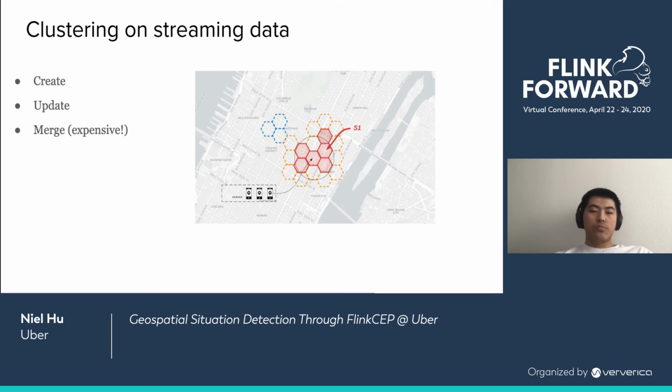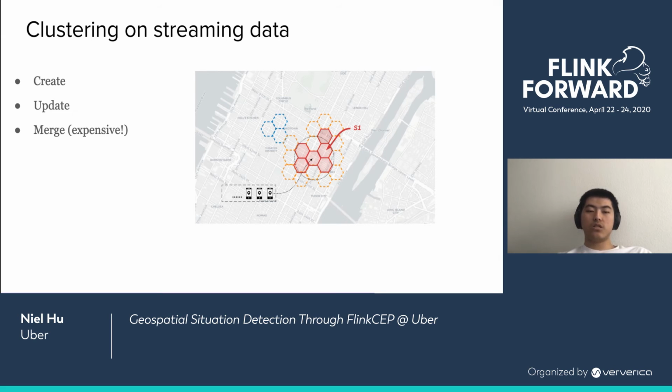Clustering on streaming data. For changelogs, there are really two categories of changelogs. The first one is addition, the second is subtraction. For the addition changelog, we have three subtypes. For each event that comes in, does it create a new core hexagon? Does it update existing core hexagons?